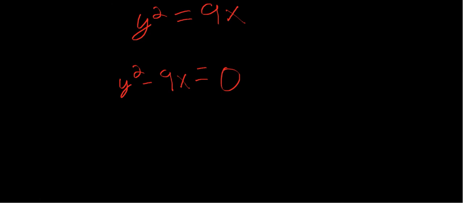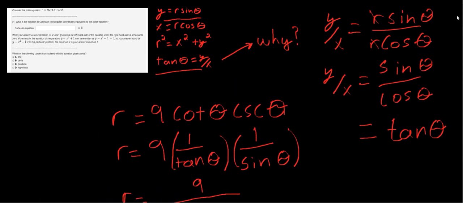And that right there is the answer to this problem. I'll write it out: y squared minus 9x equals 0. All right, so that's what we'll call part 1.